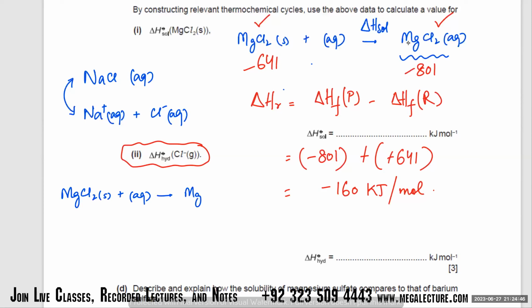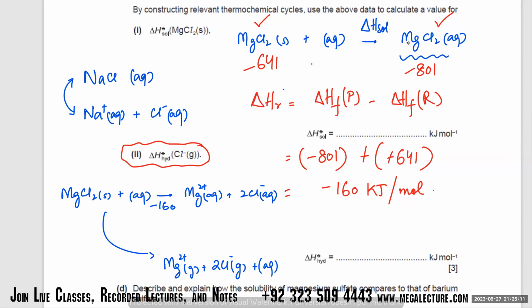MgCl2 aqueous, which can also be written as Mg2 plus aqueous plus 2Cl minus aqueous. Its value I know, it's minus 160, okay, I just figured that out in the previous part. What was its cycle? I would first break the lattice, so I'm going to get gaseous ions. And then I'm going to form or hydrate them. Okay? So I need to break the lattice.